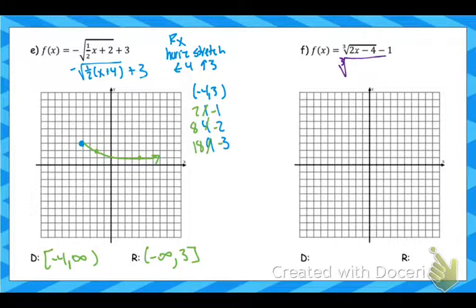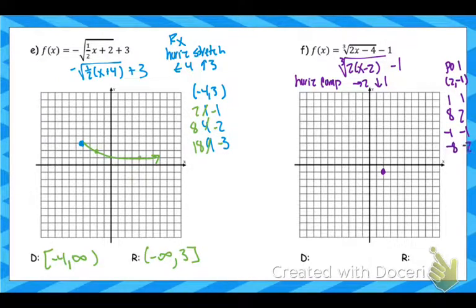All right, so first thing I'm going to do is factor out that 2. So this graph has a horizontal compression. And then it's gone right 2 and down 1. So that means my point of inflection is at 2, -1. Pattern from that point of inflection. And then what I'm going to do, it's a horizontal compression.